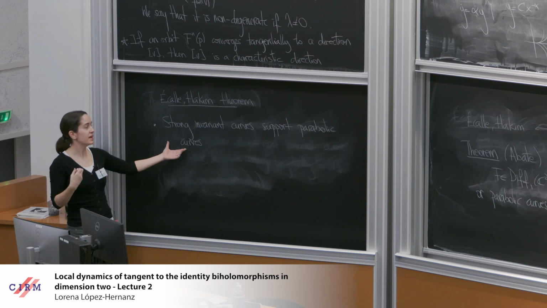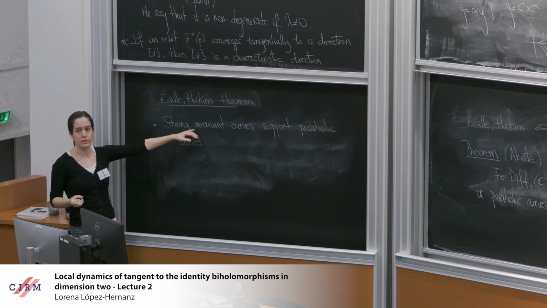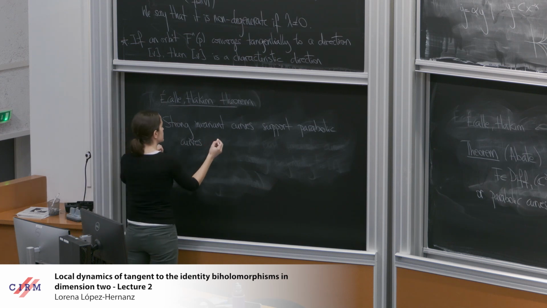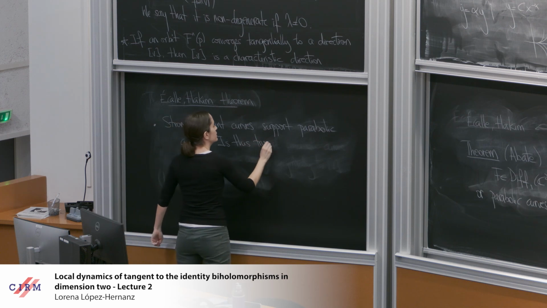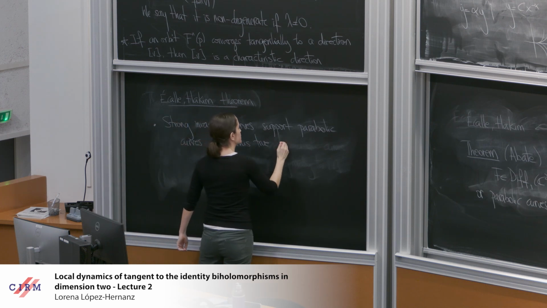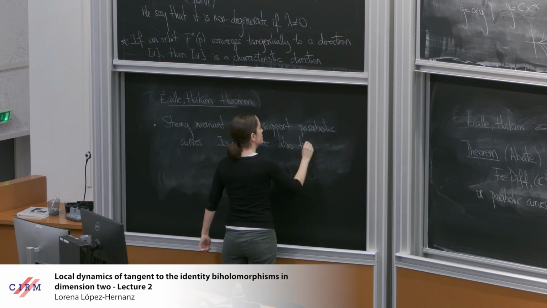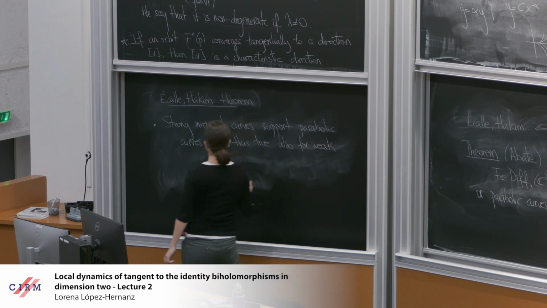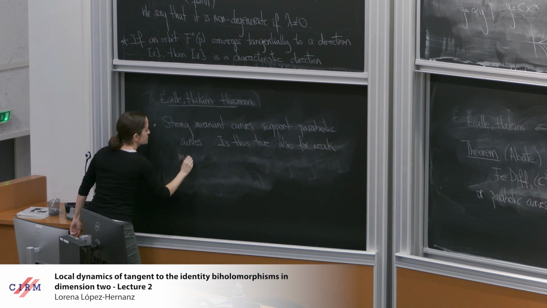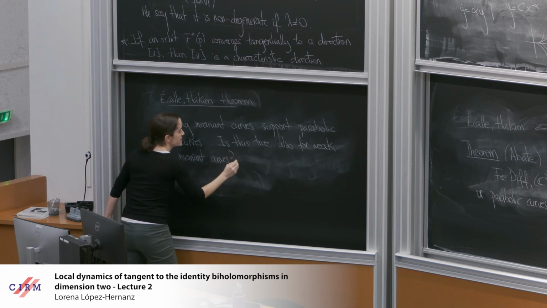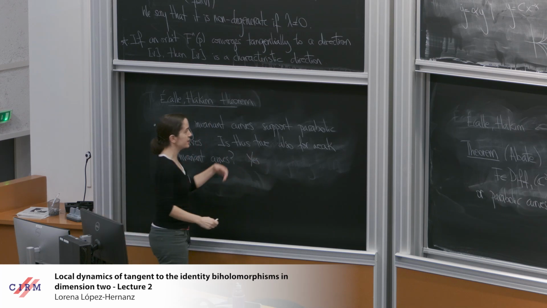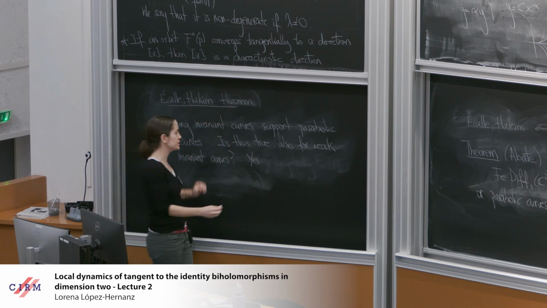So is it true that every invariant curve, not only the strong ones, supports parabolic curves? We will see that this is the case, also for weak invariant curves, and also, as in their theorem, in arbitrary dimension.